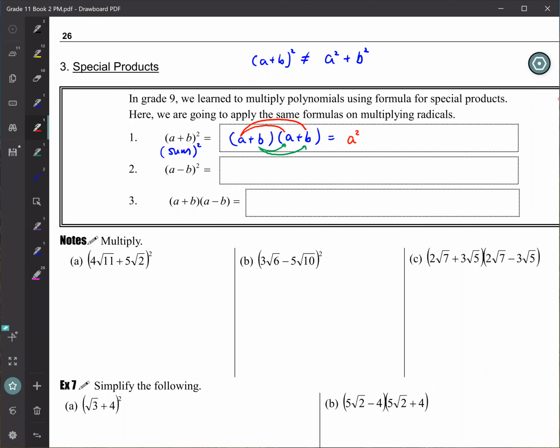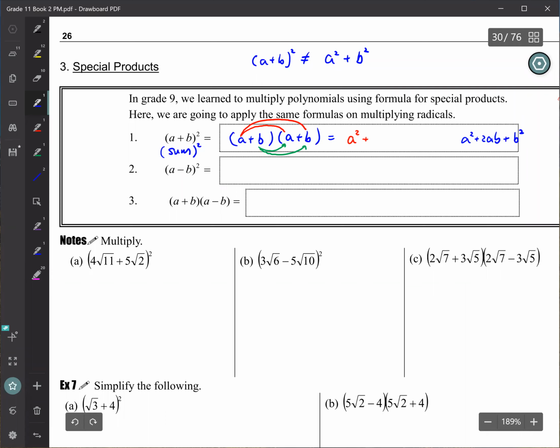Ivy, can you tell me what's the next term? Plus 2 times ab. So you're giving me the result: a squared plus 2ab, and then plus b squared. Very good.